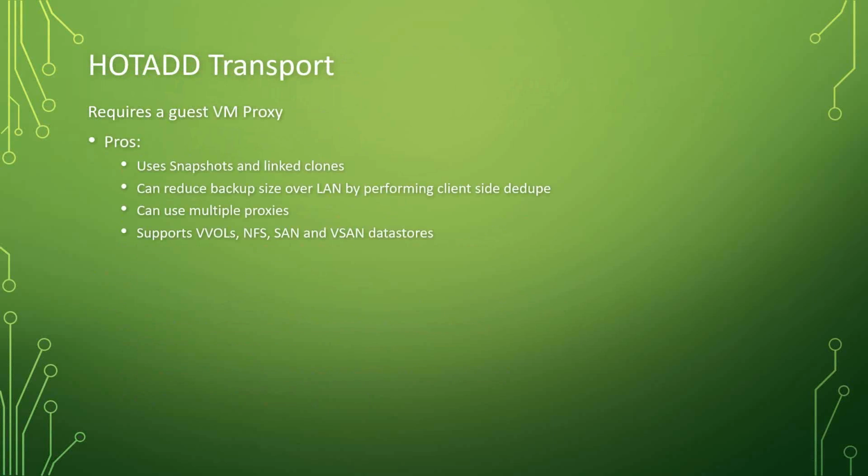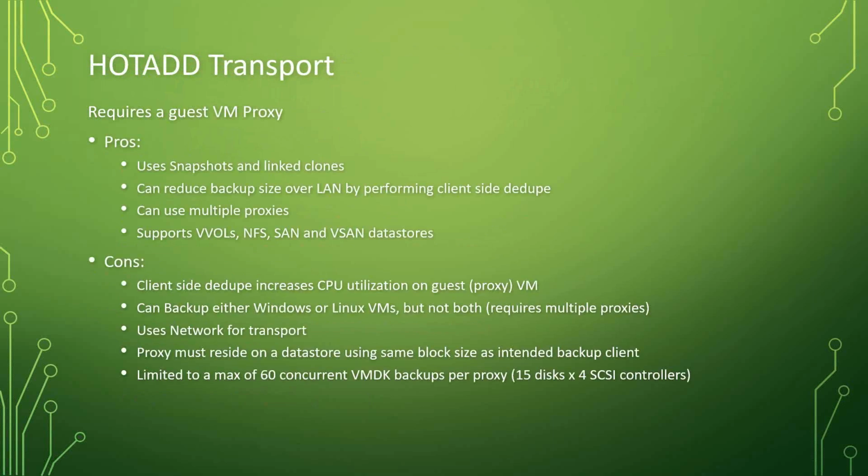You can set up multiple proxies to allow for increased throughput of your environment, and this does support vVols, NFS, SAN, and vSAN data stores. And I didn't mark it there, but it does support encrypted virtual machines as well. But there are some pretty strict limitations on that.